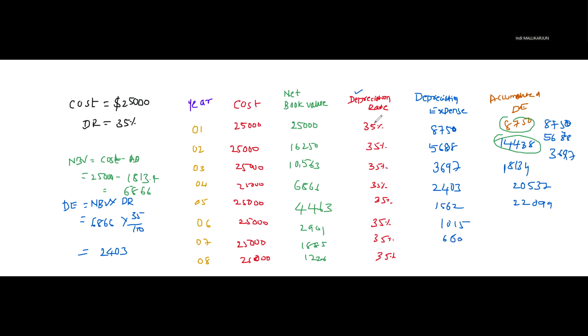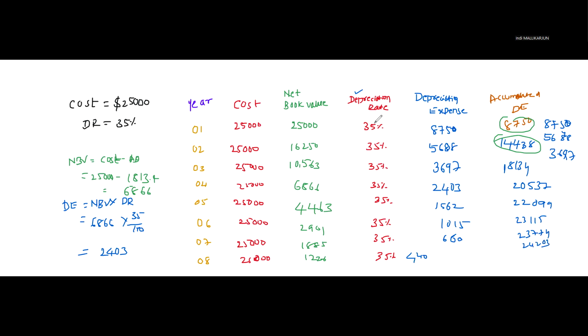And here this becomes 440. Now for these years the accumulated depreciation is 23,115. Next 23,774. 24,203. Right.